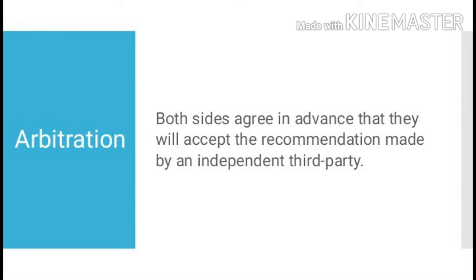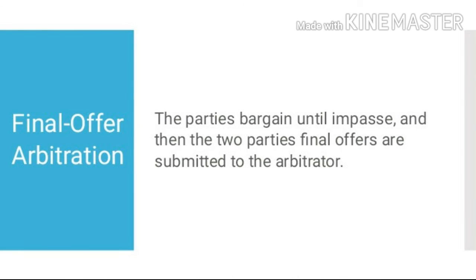An alternative form of arbitration has therefore been proposed that should induce the parties to negotiate a settlement by potentially imposing strike-like costs on both parties. Under final offer arbitration, the parties bargain until impasse. At that point, the two parties' final offers are submitted to the arbitrator.